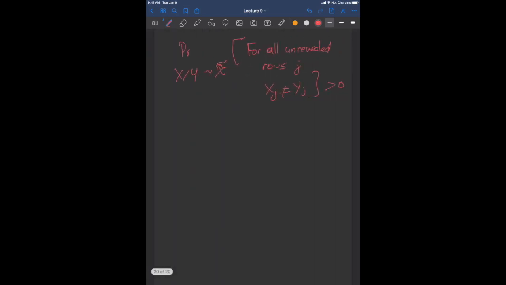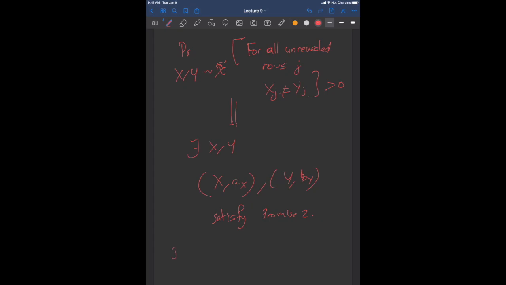No matter what A_x and B_y get, if this is non-zero, then there exists (x, y) such that x, A_x and y, B_y satisfy promise 2. So we now need to analyze this probability that all the unrevealed rows are different for x and y. If we sample uniformly at random, what's the probability that they're going to be different? This is what we want to do, and if we can show that this is non-zero, we are done.